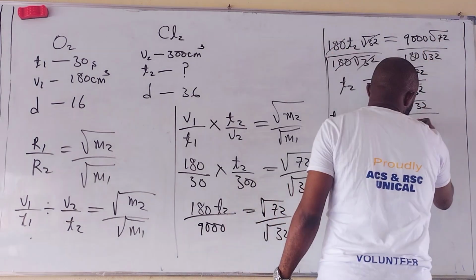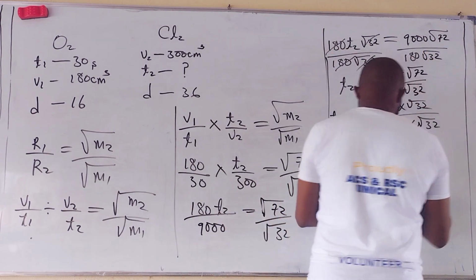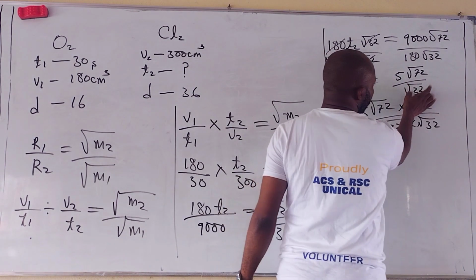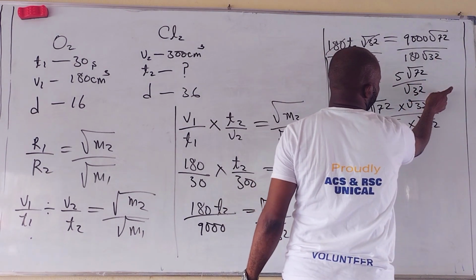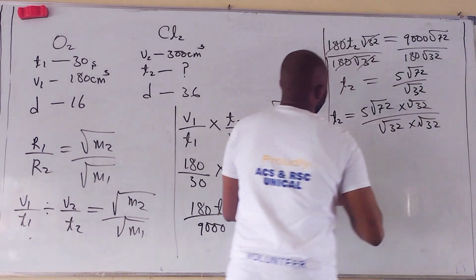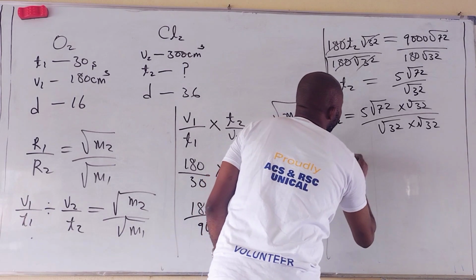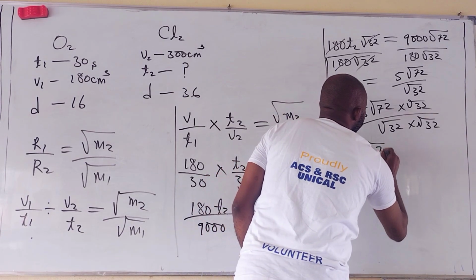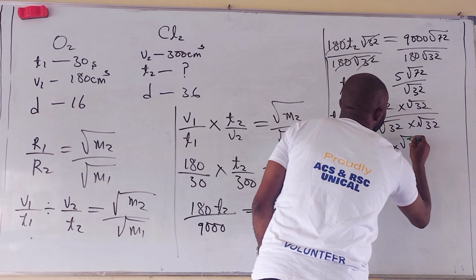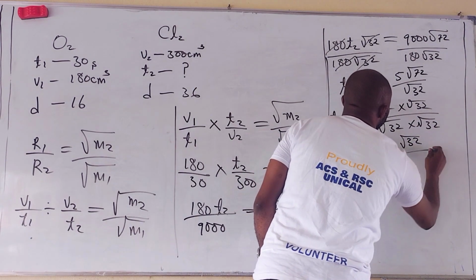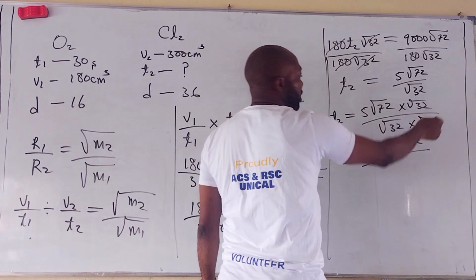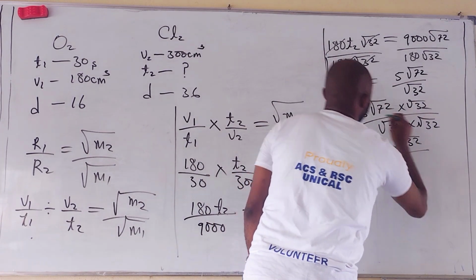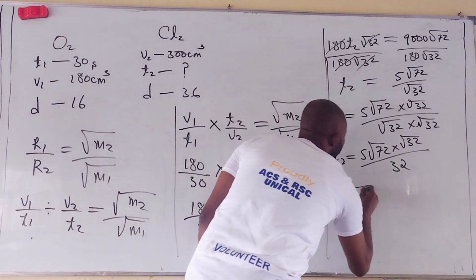You multiply both up and down by the root. That is the law. So T2 will be 5 root 72 times root 32 over root 32 times root 32, which is 32.